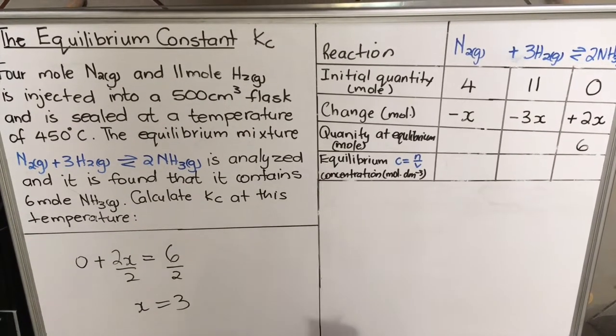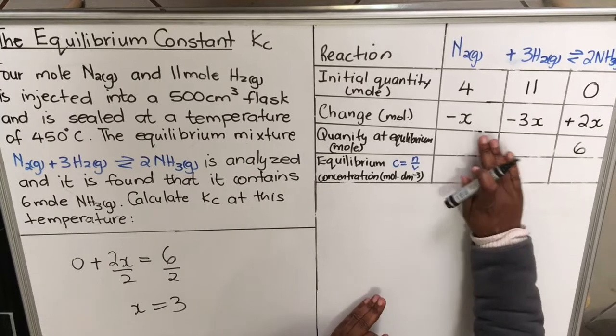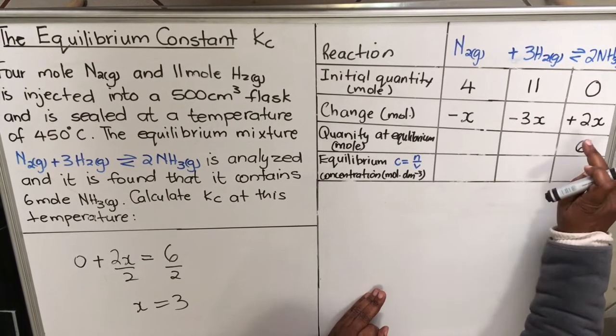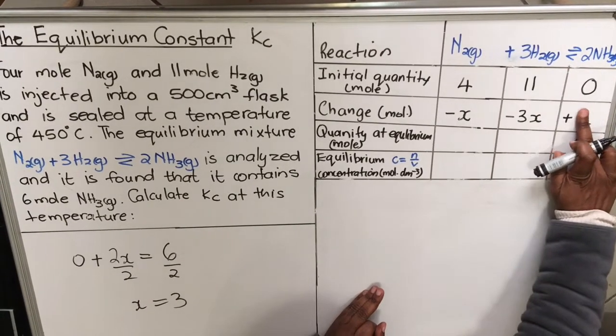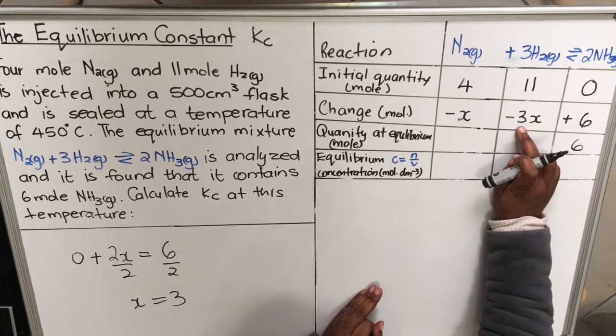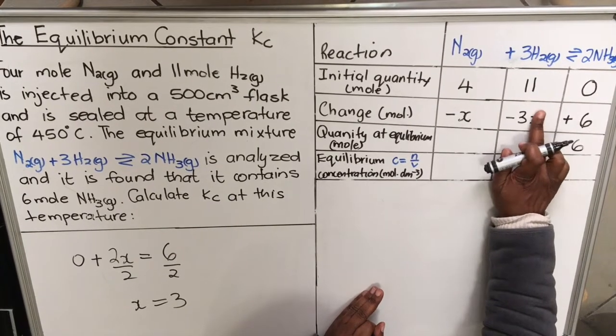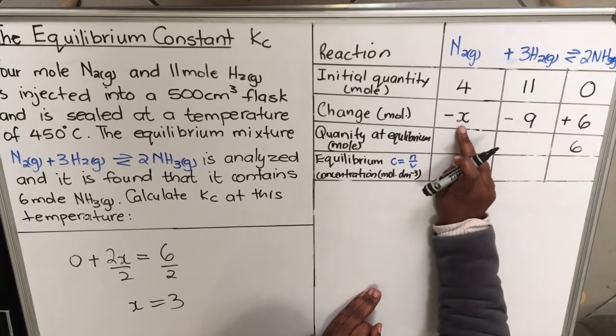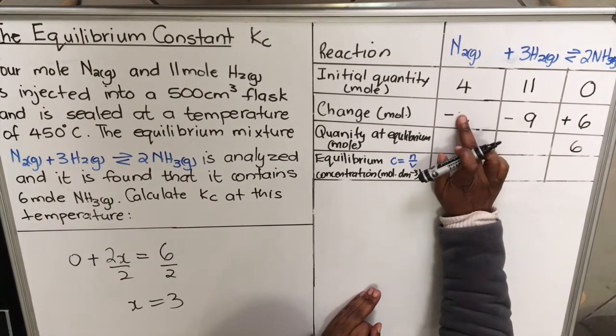So we put that value in every x. 2 times 3 is 6, so the change is 6. 3 times 3 is 9. And then x is just 3.